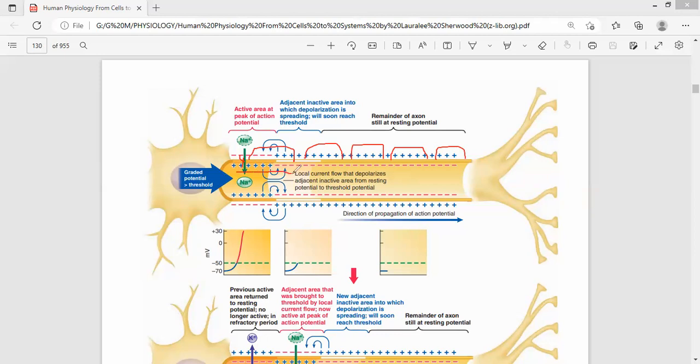The current will travel all the way until here, then we'll depolarize here, then travel, see? So this one will be faster. The current here will travel very fast, as compared to a non-myelinated one.